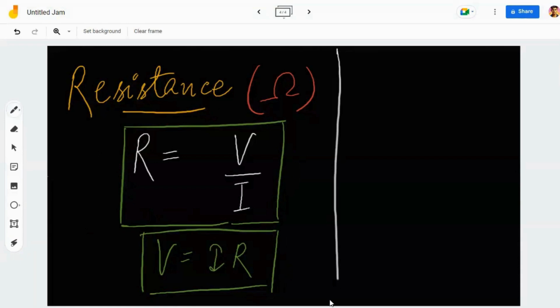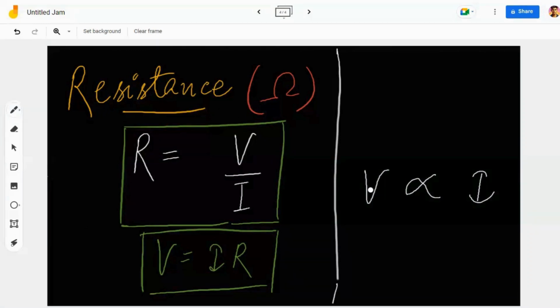In year nine, you start by saying that the potential difference is proportional to the amount of current flowing across it. If the potential difference is high, the current will also be high.